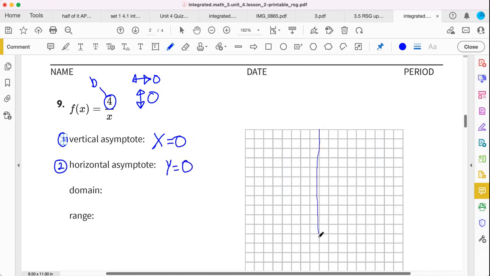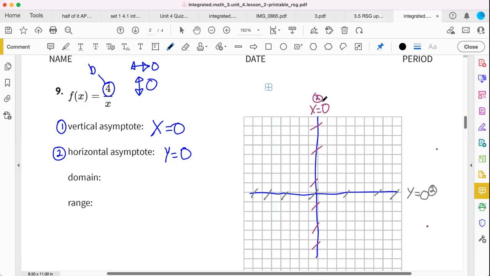So as a quick sketch, I'm going to do my best to color coordinate on this, so give me a second to do that. All right, so I color coordinated. I also numbered them so you can see what lines I'm talking about. Yeah, that makes sense. So I have this vertical asymptote when x is 0, and this makes sense because if you have 4 over 0, that's undefined.